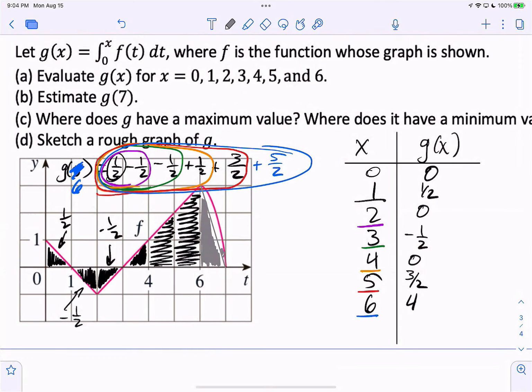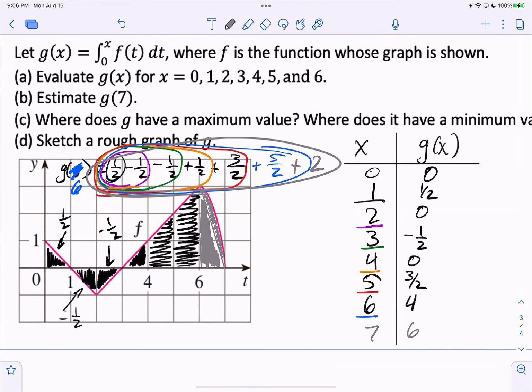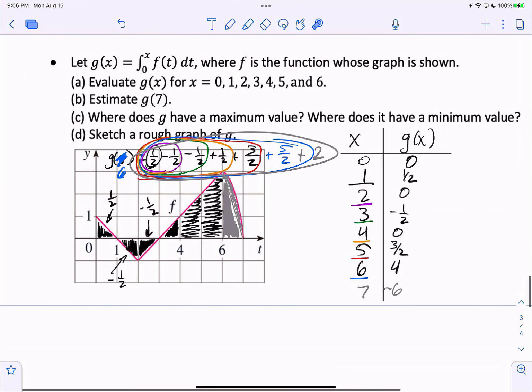But then we have this little part to deal with. I'm going to say that's like 1/2, so here we're going to be adding like 2. And so we'll say g of 7 is approximately 6. Hopefully that helps to understand this g, which is defined as an integral, and then we aren't really going to worry much about that moving forward.